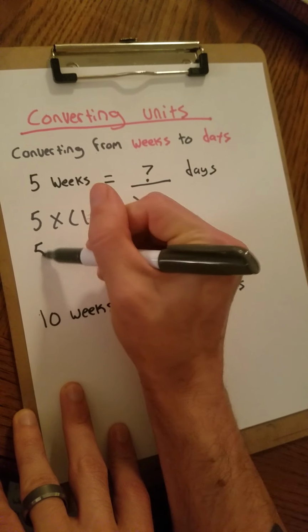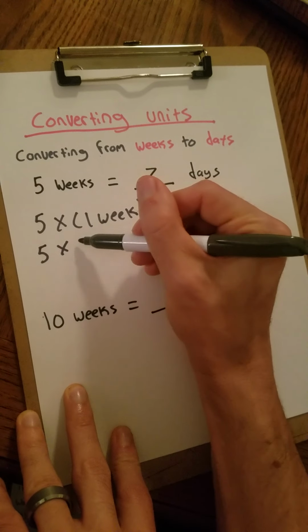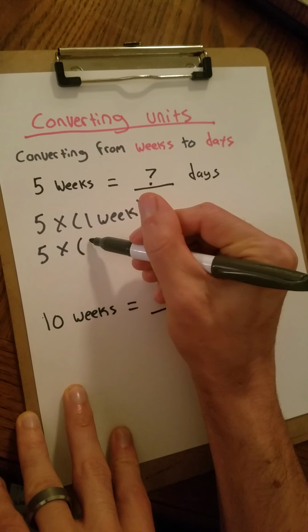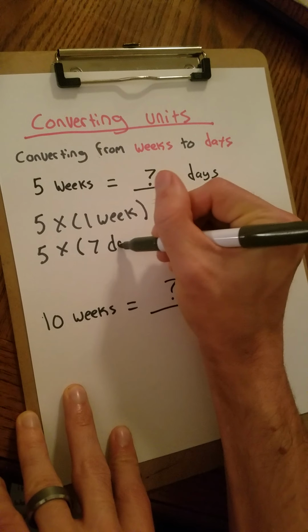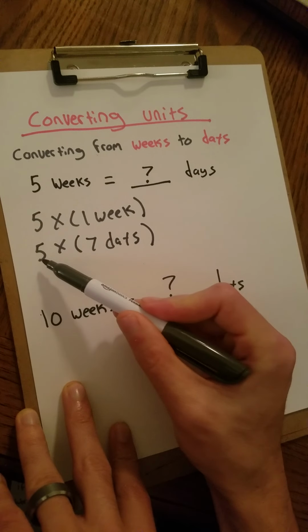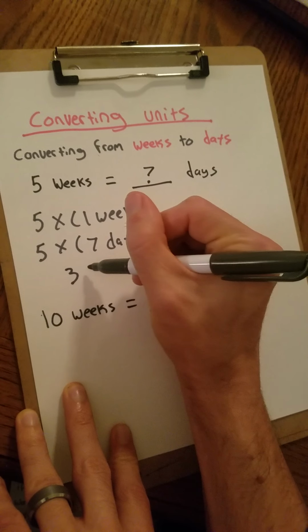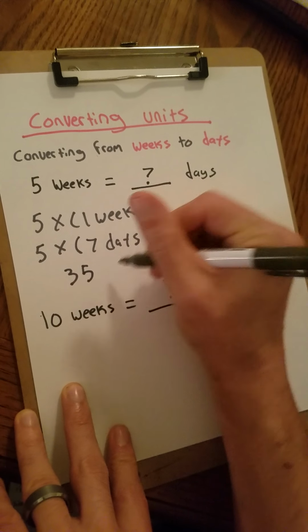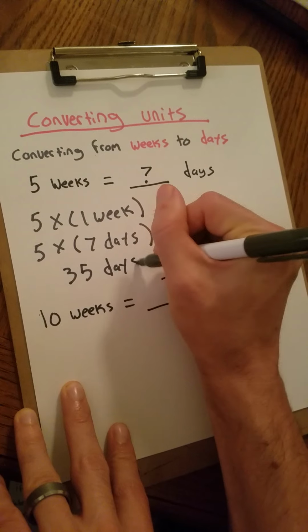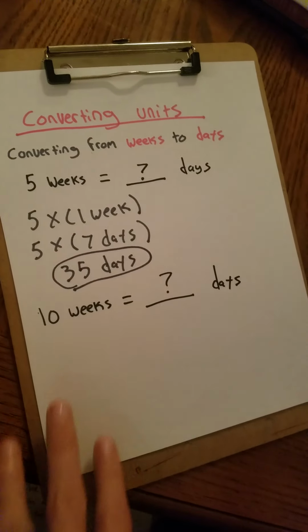And then I'm going to rewrite it, converting from weeks to days. Instead of 1 week, I'll write 7 days, because there are 7 days in 1 week. I'll then multiply 5 times 7 to get the number of days in 5 weeks. 5 times 7 equals 35. 5 weeks equals 35 days.